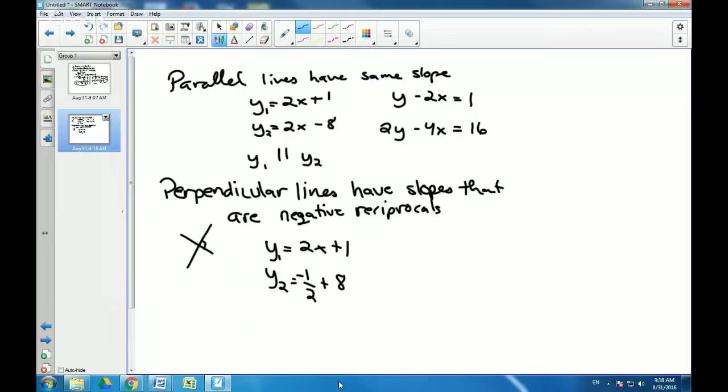Negate it, negative, and reciprocal means flip it. Flip and negate, maybe you've heard that before. So you flip it over, you negate it, or you take the negative away and put it on the other direction.